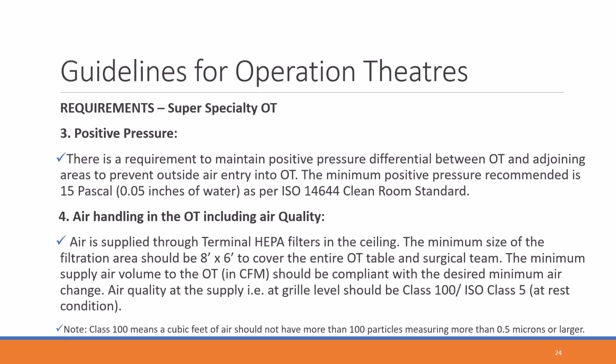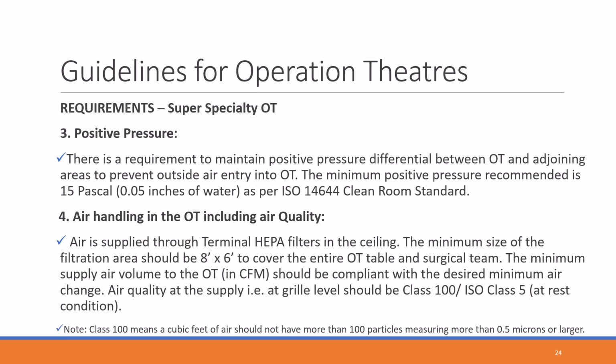Now, positive pressure: there is a requirement to maintain a positive pressure differential between the OT and adjoining areas to prevent outside air entry into the OT. The minimum positive pressure requirement recommended is 15 Pascal, 0.05 inches of water, as per ISO 14644 clean room standard. Air handling in the OT, including air quality: air is supplied through terminal HEPA filters in the ceiling. The minimum size of the filtration area should be 8 feet by 6 feet to cover the entire OT table and surgical team.